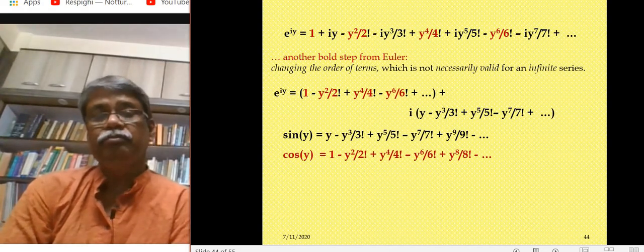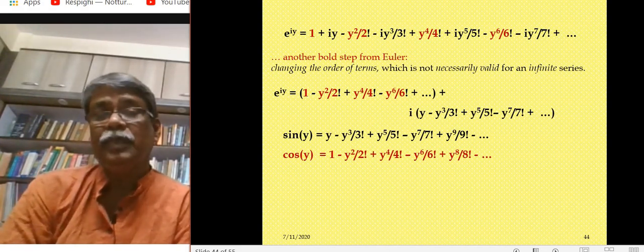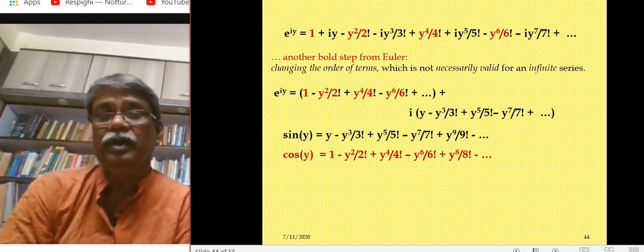So I have again used two different colors deliberately, because this red part in this expansion is nothing but this red part. That means this part is actually cos y, and exactly the black part, other than i, is nothing but sin y.